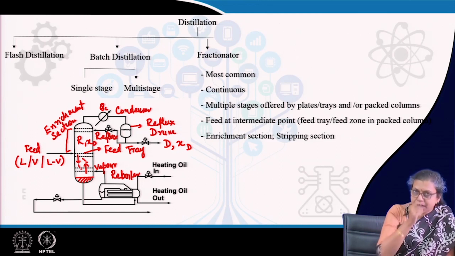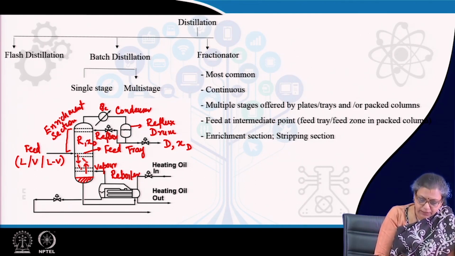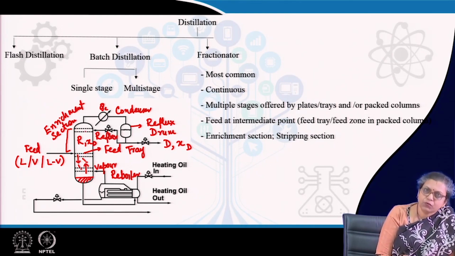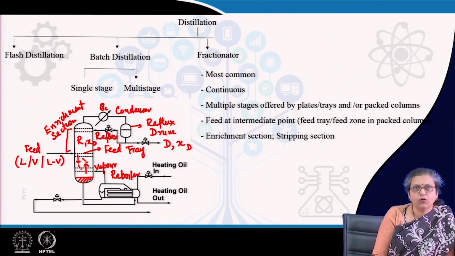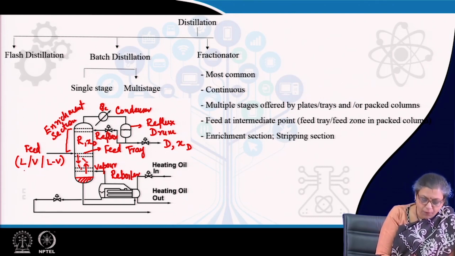Vapor becomes richer in the more volatile component, then it rises up. In the enrichment section, the enrichment of vapor with respect to the more volatile component continues as it comes in contact with the reflux, and finally with all this enrichment we get an almost pure product from the feed that we started with.